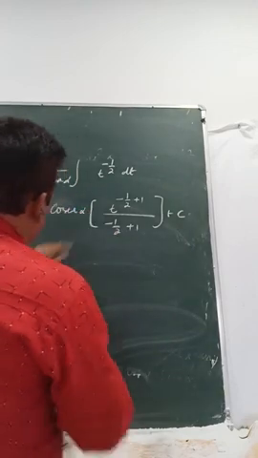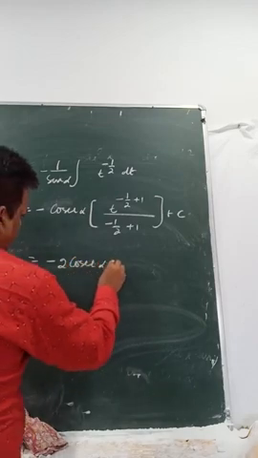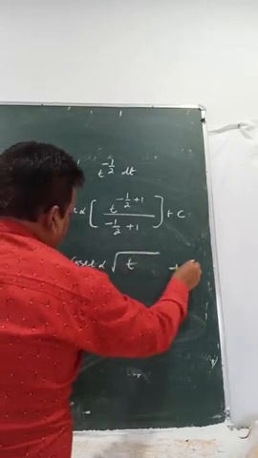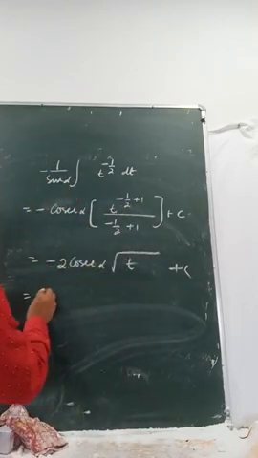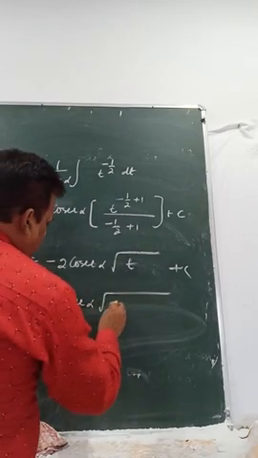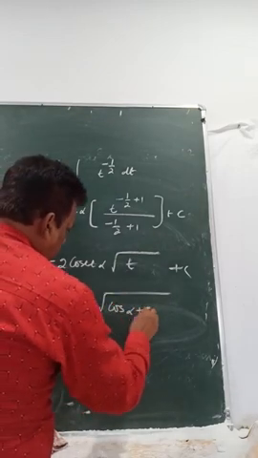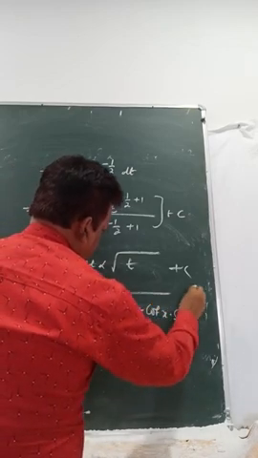Dividing by half gives 2. So minus 2 cosec alpha root of t. Now put the value of t. Minus 2 cosec alpha root of cos alpha plus cot x sin alpha, plus a constant.